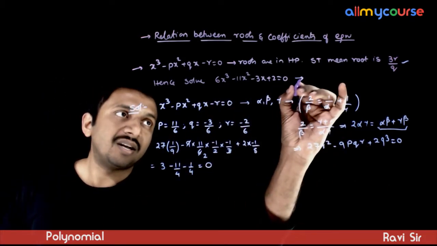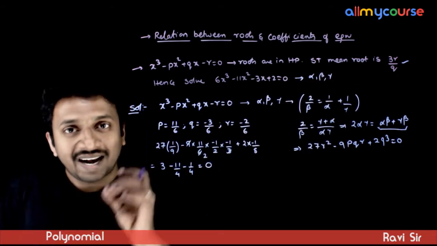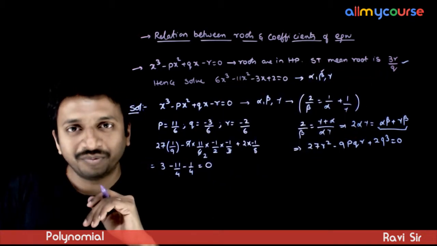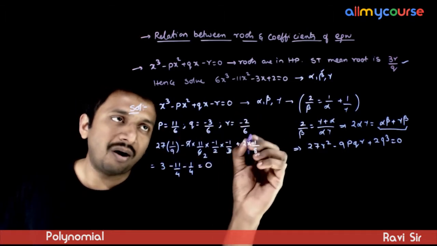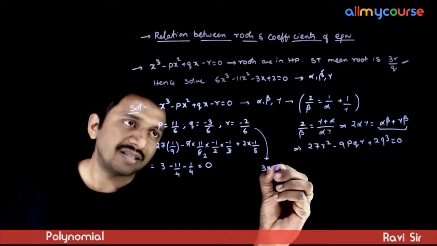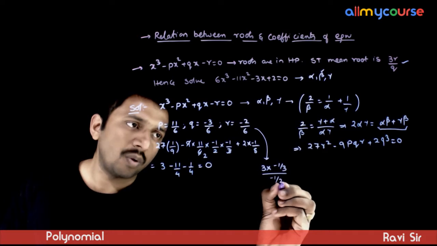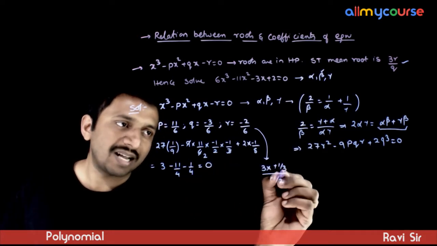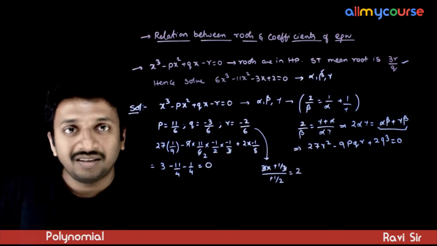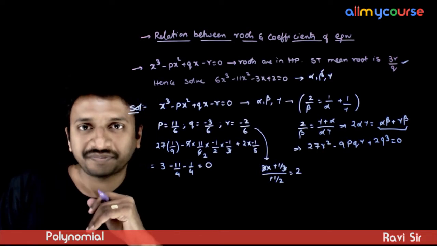That means the roots of this equation are in harmonic progression and the mean root, which is beta, is equal to 3r by q. So one root of this equation is 3 times r, which is minus 1 by 3, by q, which is minus 1 by 2. The minus and minus get cancelled, 3 and 3 get cancelled, and it is equal to 2. That means 2 is one of the roots of this equation.